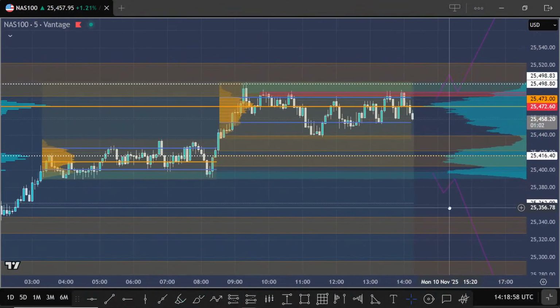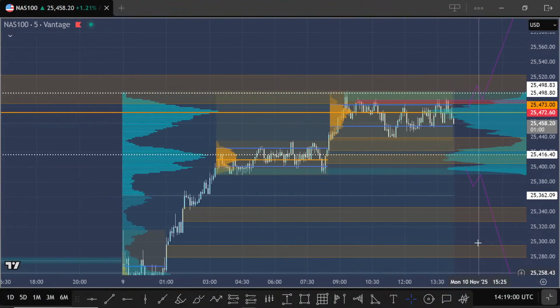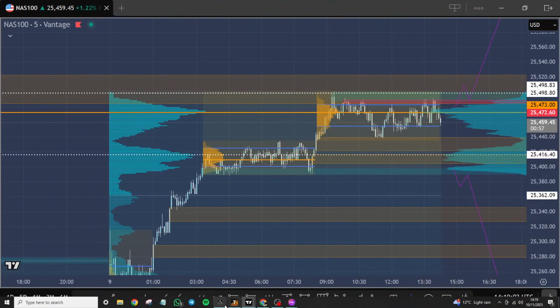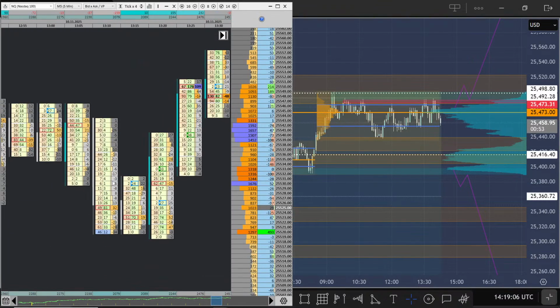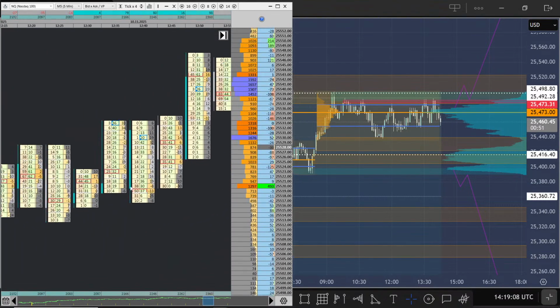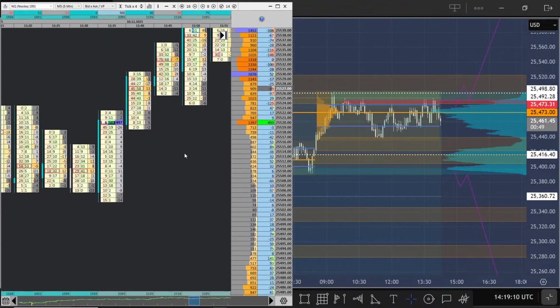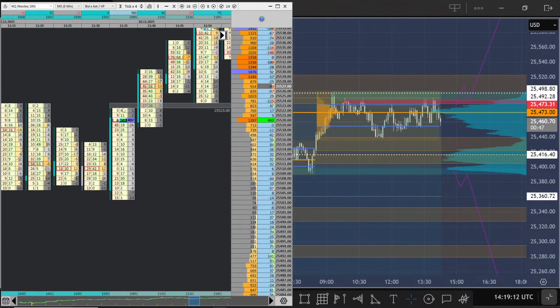Now let's look at NAS again. Anything super interesting here? Ooh. There we go, look at that. Okay, so that's the big buy spike we have got.